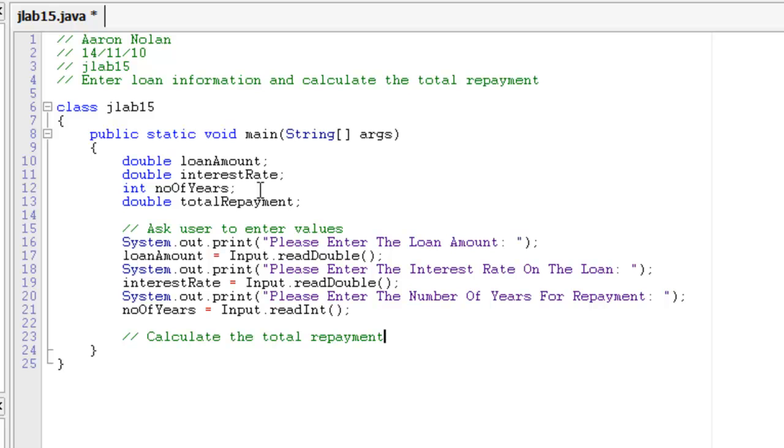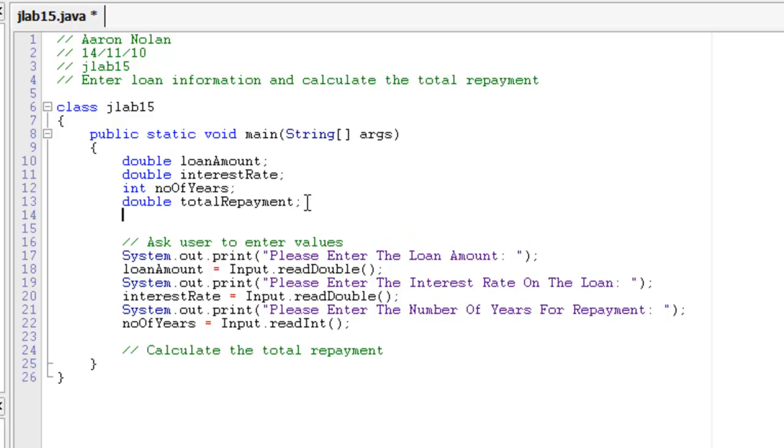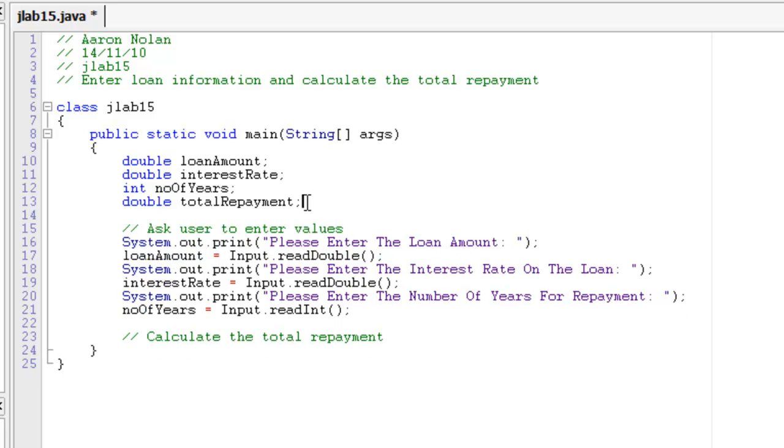Oh no, actually I think I can initialize it all in totalRepayment. Let's see, I really should have some sort of script for these things already written out so I don't have to mess around writing the code.